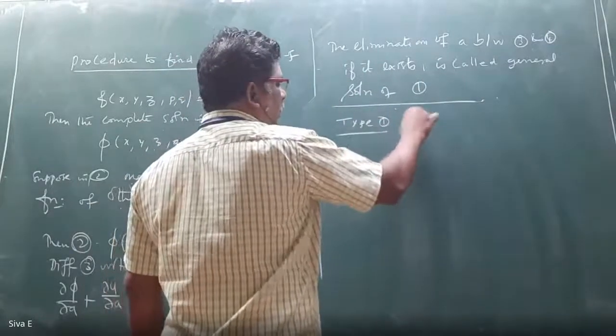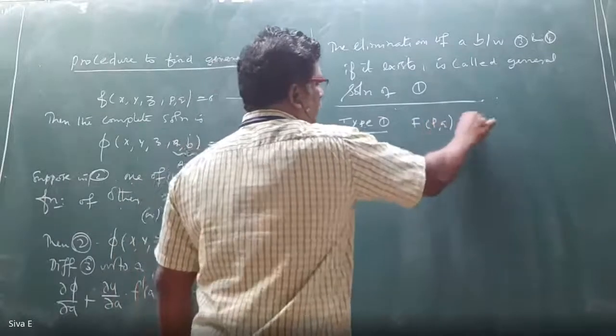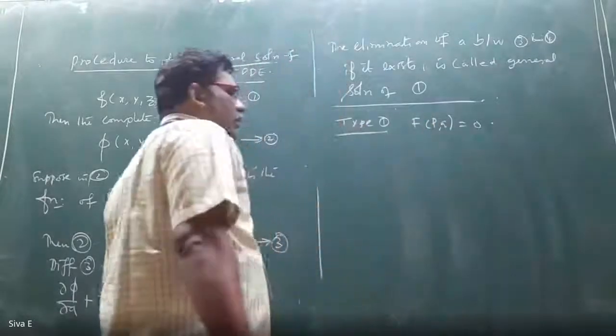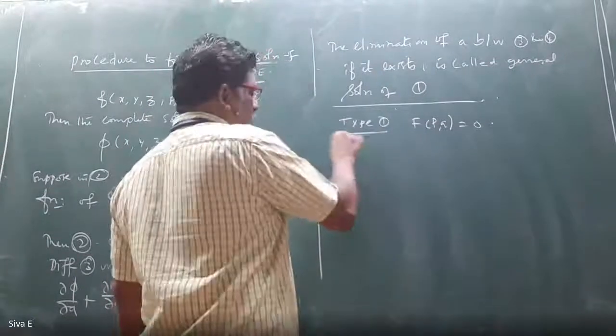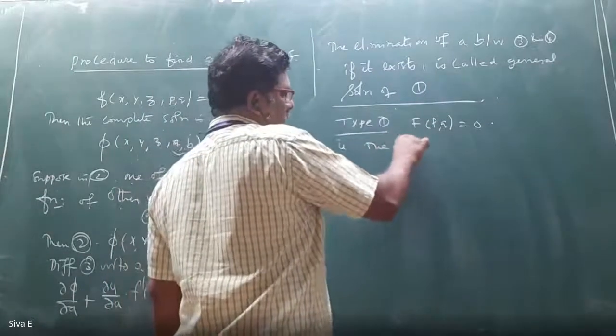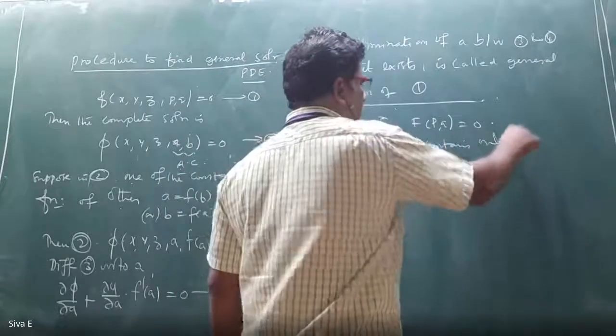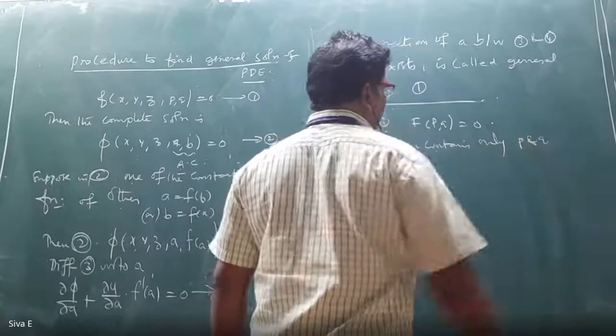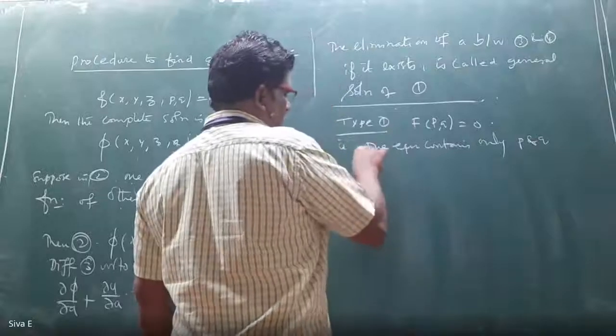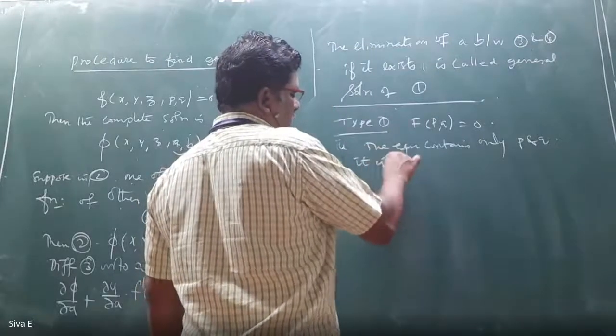Type 1: f of p comma q equal to 0. That is, the equation contains only p and q, and does not contain x, y, z.